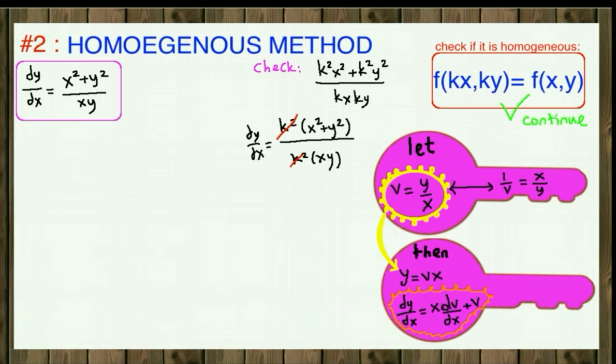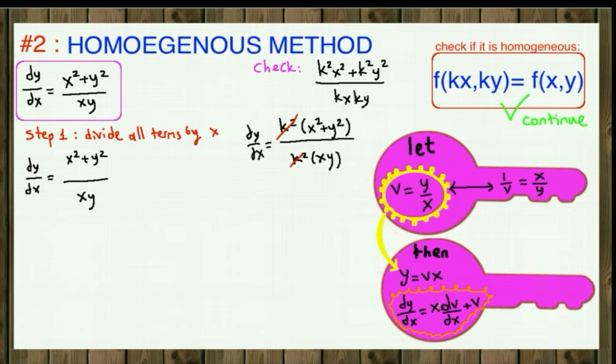Our first step, step 1, is always divide all terms by x, because we need the form of y over x, so we need to do this. Let's divide everything by x. So dy dx equals x squared plus y squared all over x times y.